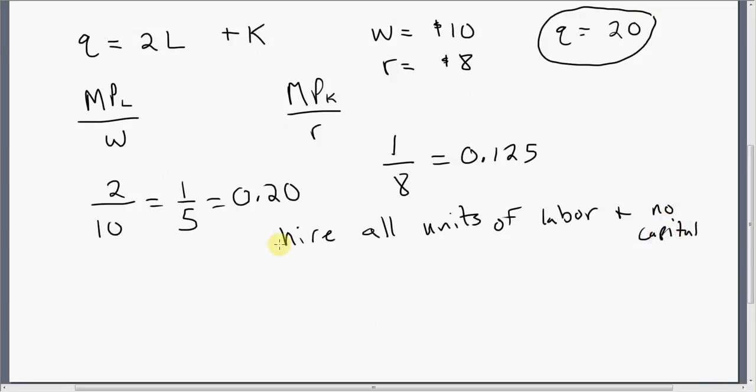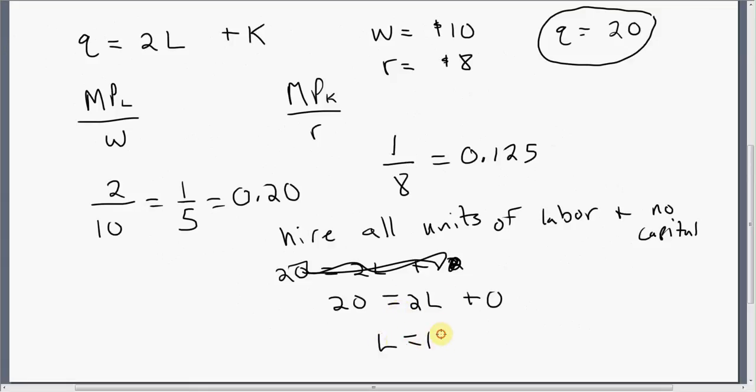So how many units of labor are we going to hire? Well, if we're going to produce 20 units of output, let me just rewrite this. If we're going to produce 20 units of output, and we're not going to hire any capital, in other words, K is 0, well, we're just solving for this, and L equals 10. And K equals 0.